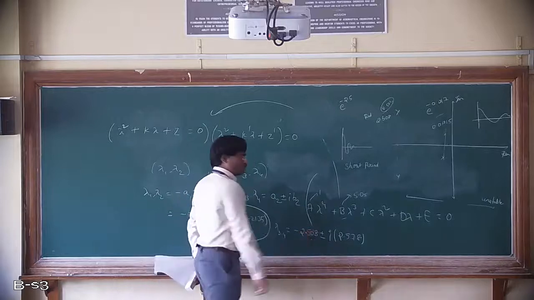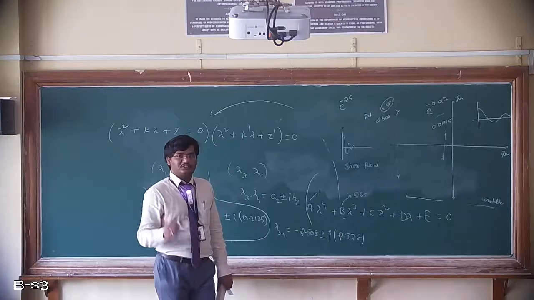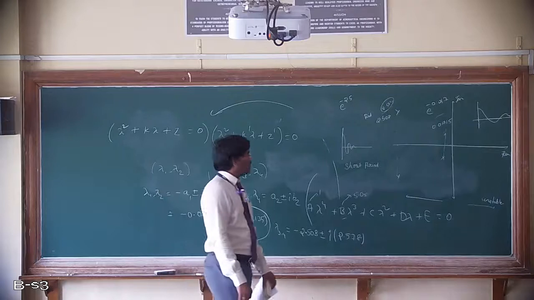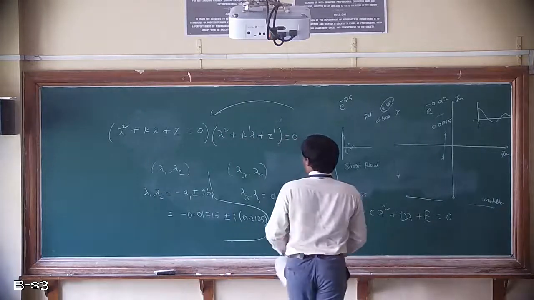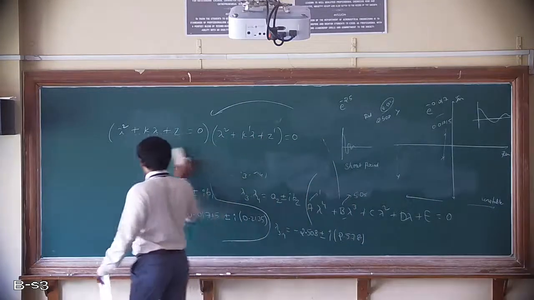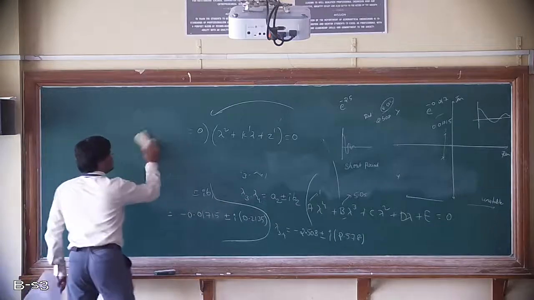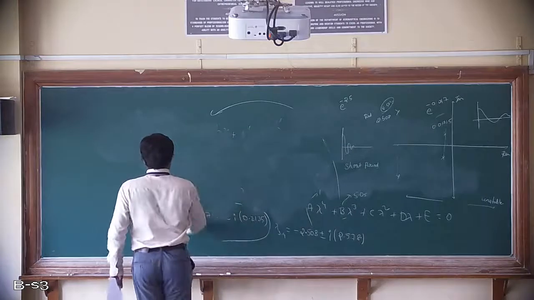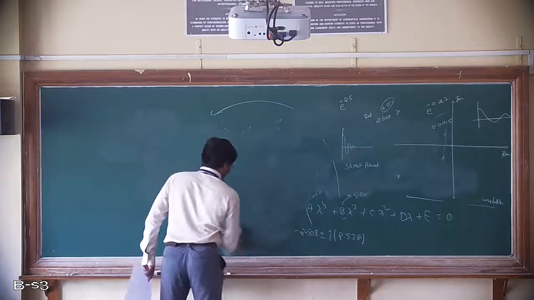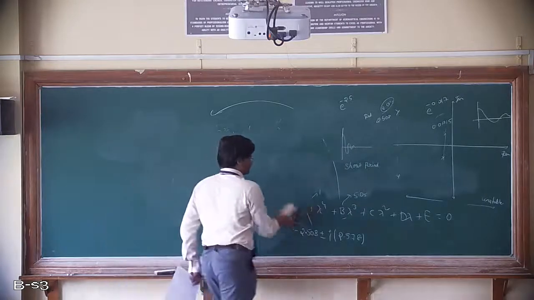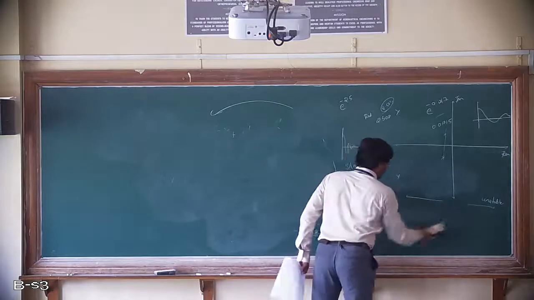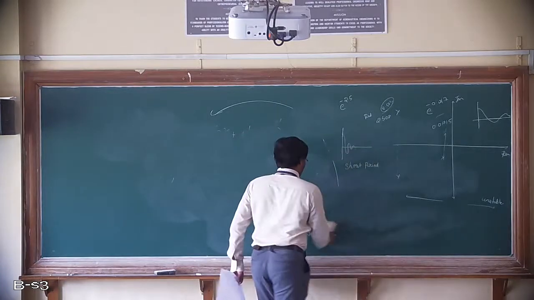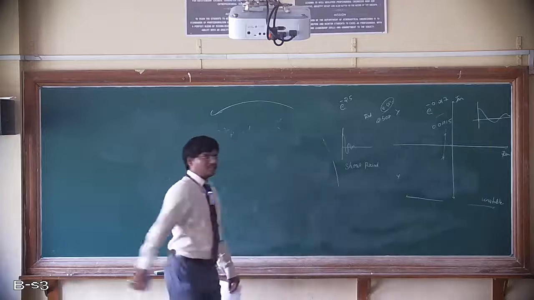Are you getting? Mode is nothing but the motion represented by the roots of the characteristic equation. This is the thing we discussed yesterday: what is the Phugoid mode, what is the short period mode.